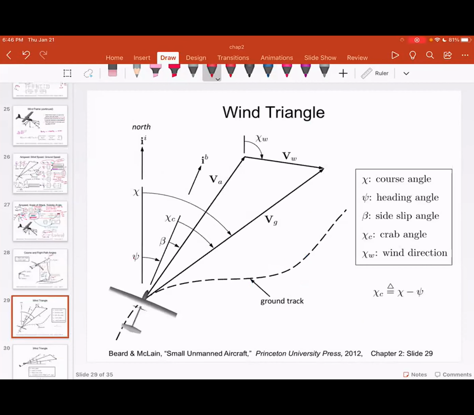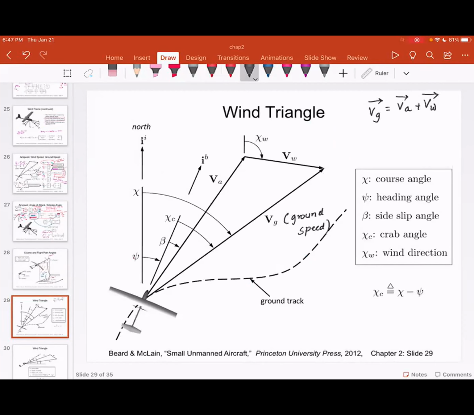Now, if I want to show the wind triangle with respect to the ground path, this is how the wind triangle looks like. This is the ground speed, and please note this ground speed is tangent to the ground path. The relationship is Vg is equal to Va plus Vw. Now Vg is tangential to the ground track.